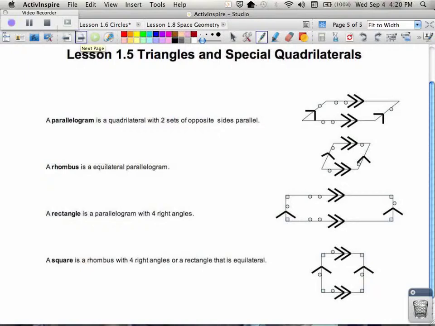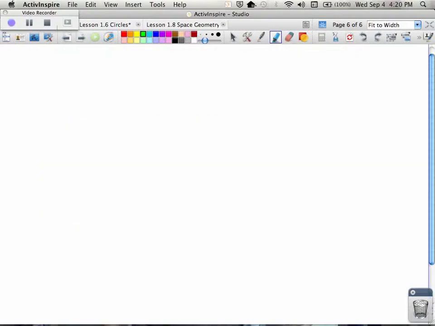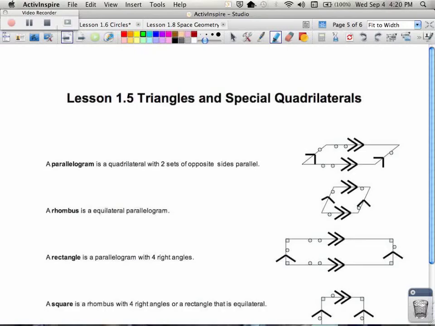And then this last group has a lot of things going on, and they kind of build on each other, so you have to pay close attention to this. So in a parallelogram, the most important thing is that it has two sets of opposite sides being parallel. So here's one set in the green, and then here's another set in the blue. That's the definition of what a parallelogram is.